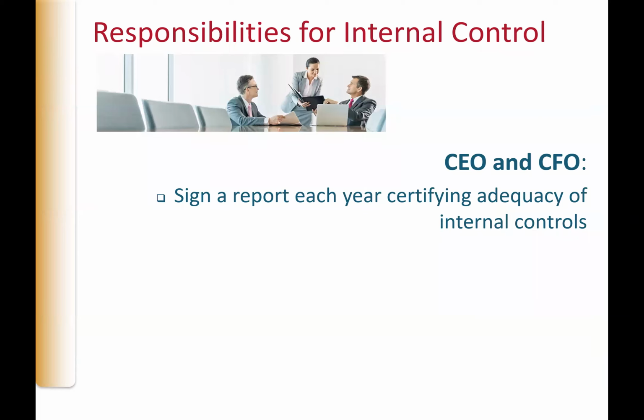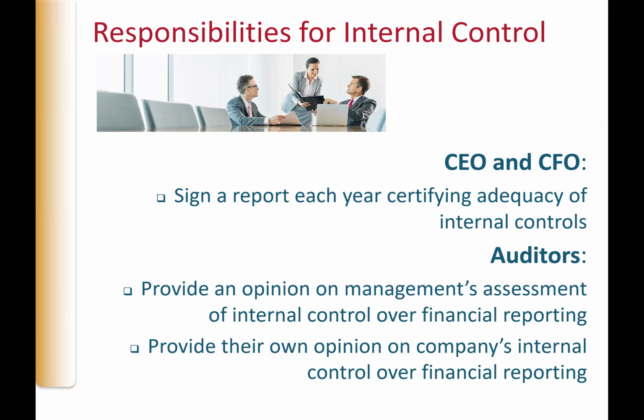So here, the CEO and the chief financial officer, through SOX, are now required to sign a report each year that certifies the internal controls are in place, they're adequate, and they are working effectively.